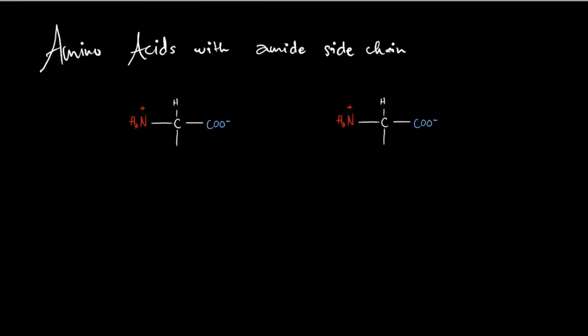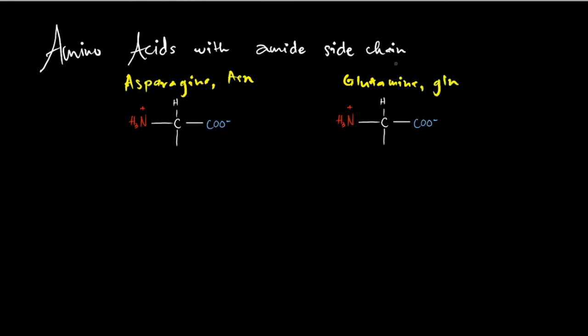So for those amides, we have the asparagine, which is abbreviated as ASN. And we also have our glutamine, which is abbreviated as GLN.